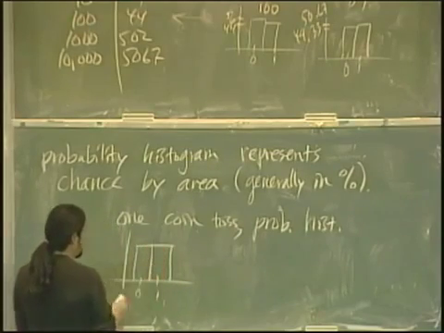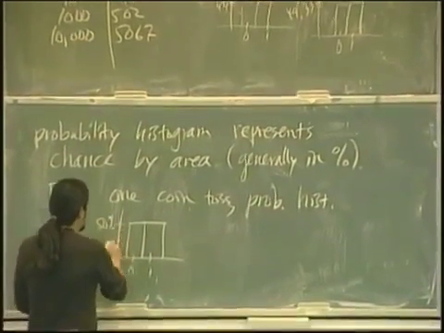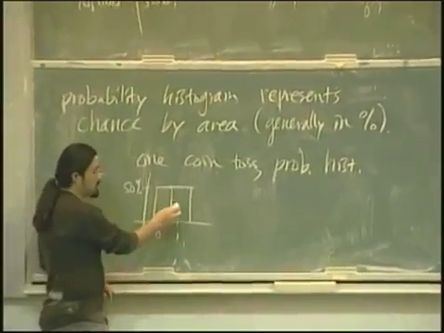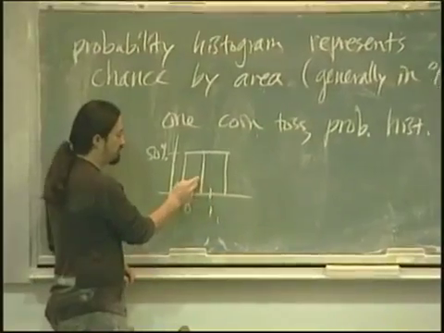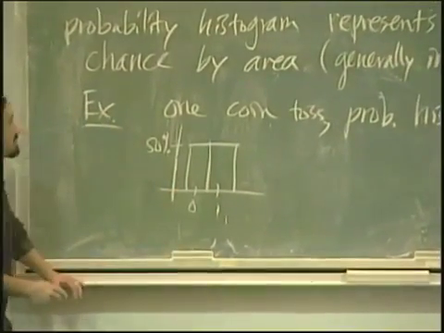Okay, so these are actually the same height, 50%. So what this means is that each of these bars has area 50%, meaning that there's a 50% chance of that thing. 50% chance of tails, 50% chance of heads.